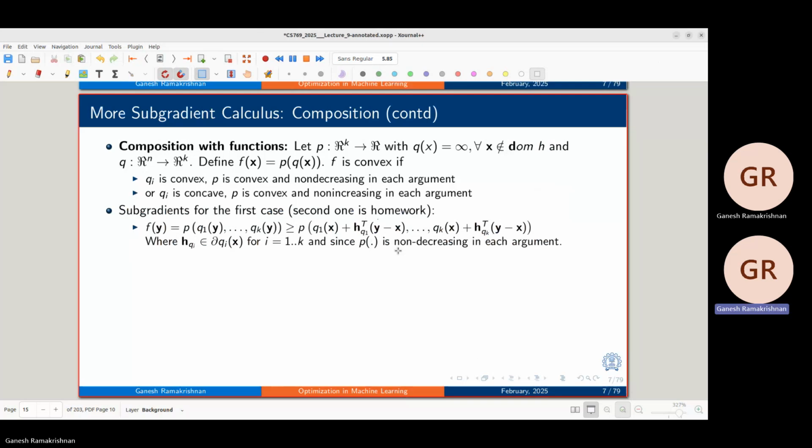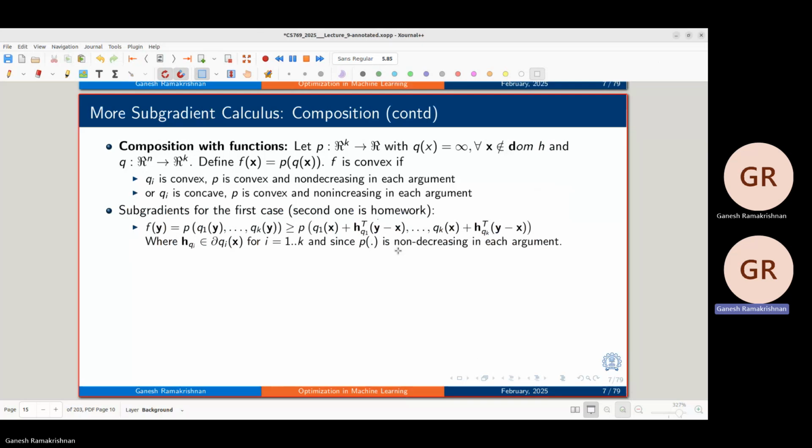So the first one in green is by definition of subgradients Qi, and the second fact, since P is non-decreasing in each argument, right?